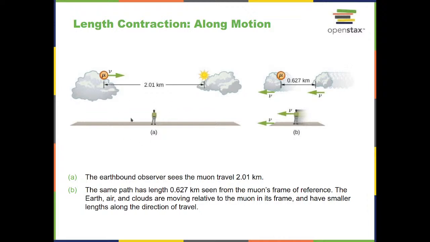This is going to be the proper length. That's the length of this distance in the frame of reference of the observer on Earth, who does not move with respect to the points where these events are happening. So in this case, the length is just going to be the velocity with which the muon is moving times delta t, which is the time that the observer on Earth measures.